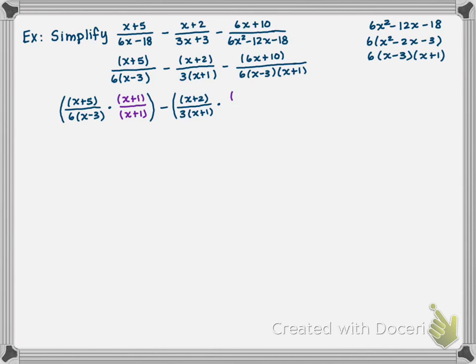Yeah, I need a factor of 2 because the other fractions have a factor of 6, which is 3 times 2. It might help if you look at it like this, if we think of factoring these. This is 2 times 3, and this is 2 times 3. Everybody already has a 3, but the first and last one have a factor of 2 that the middle one doesn't have.